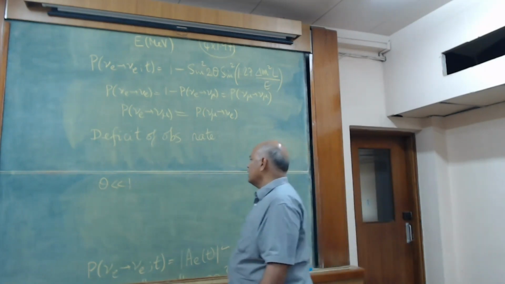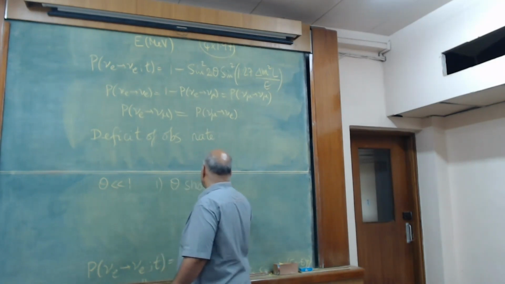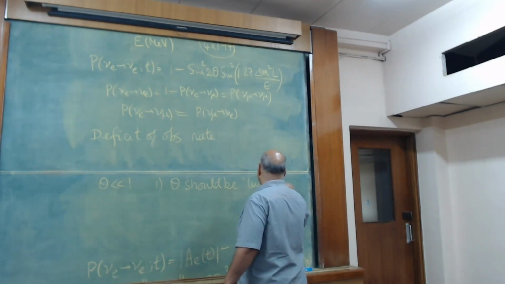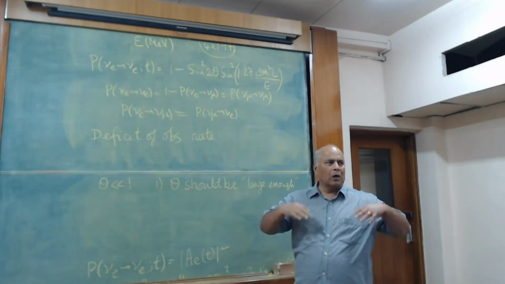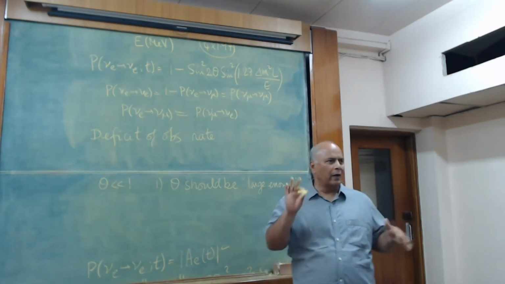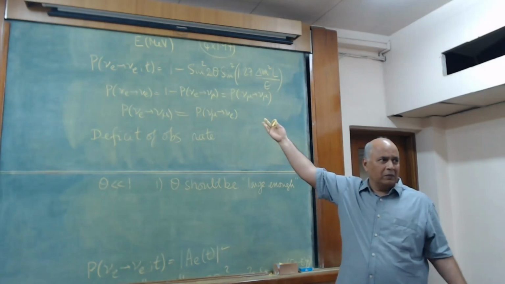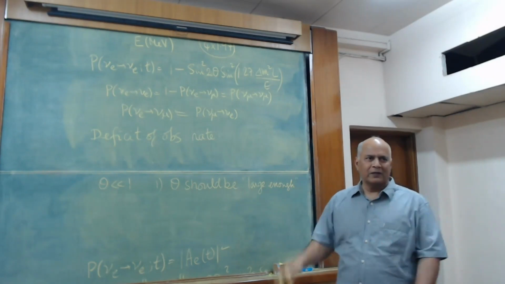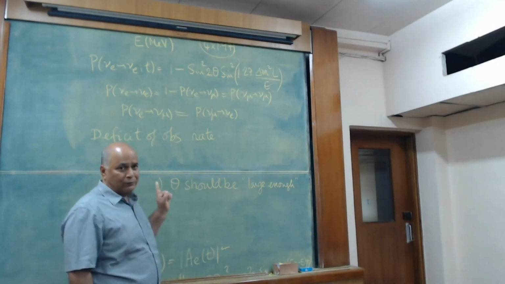So the first condition is theta should be large enough. How large is large enough? That of course depends on my experimental design and other considerations. But based on the expression, we immediately see that I should have some moderately large value of theta in order to measure this deficit. That is not enough.